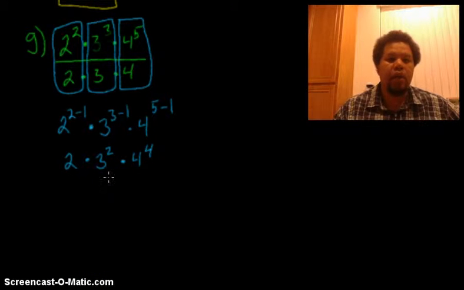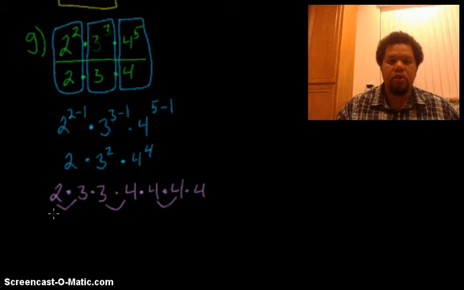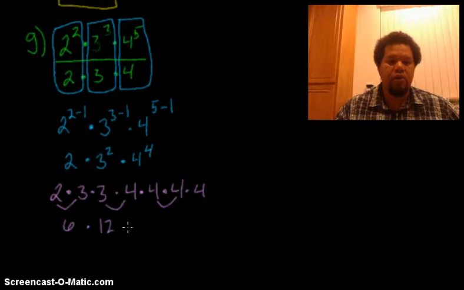Okay, so we're going to go ahead and evaluate this. So this means 2 times 3 times 3 times 4 times 4 times 4 times 4. Okay, so I'm just going to multiply 2 at a time. So 2 times 3 is 6, times 12, times 16, times 4.